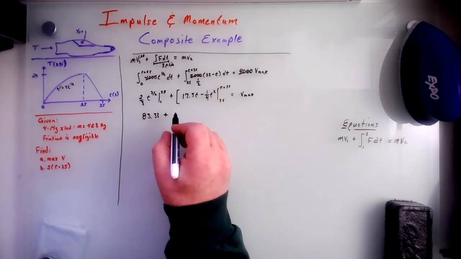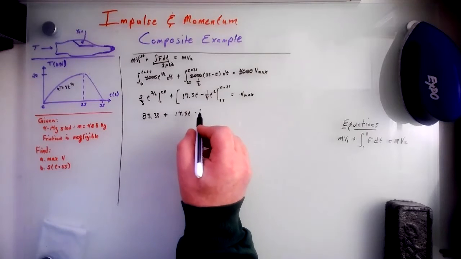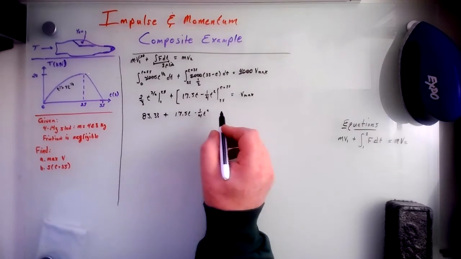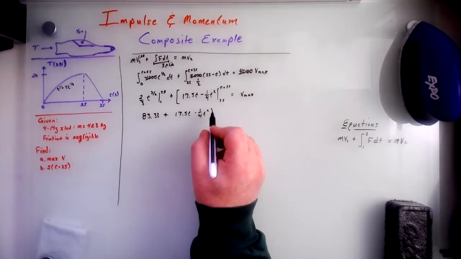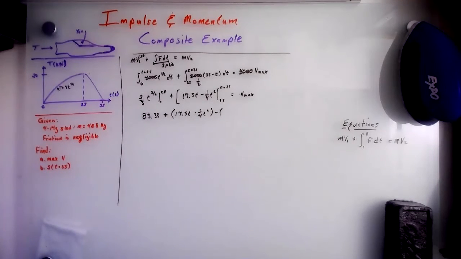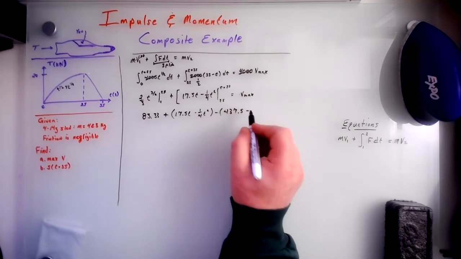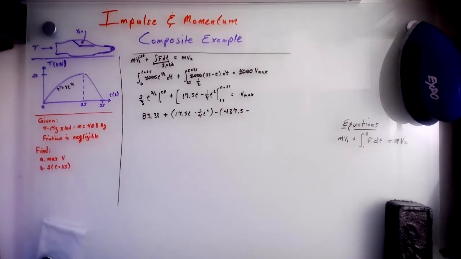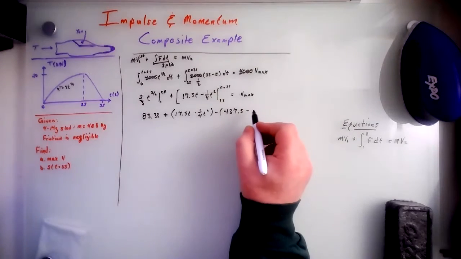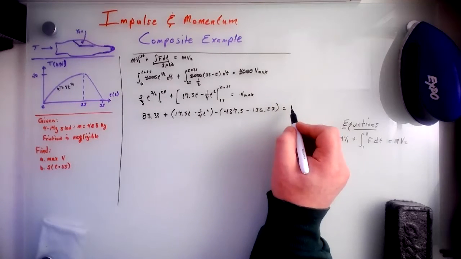An intermediate step: 17.5 t minus 1/4 t squared, and then minus 17.5 times 25, which is 437.5, minus 156.25. Again, that equals Vmax.